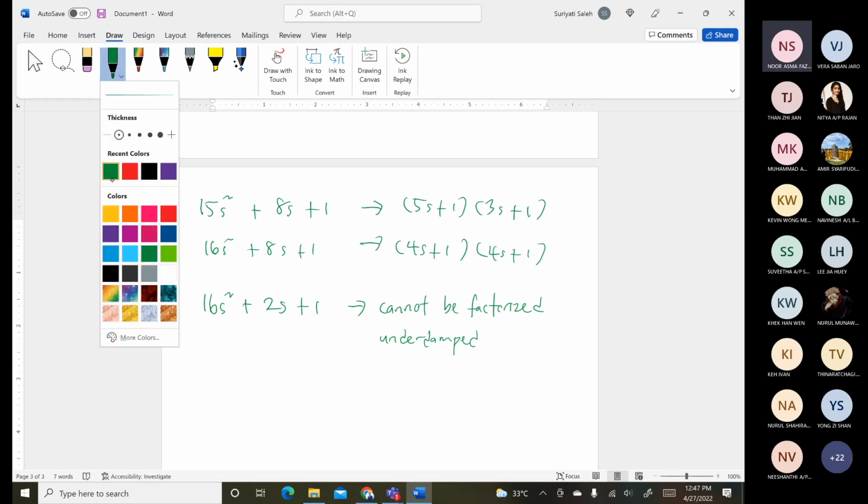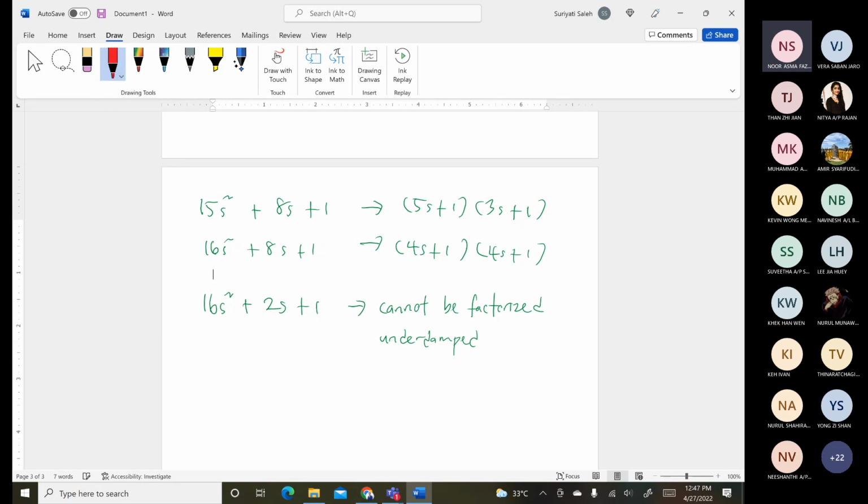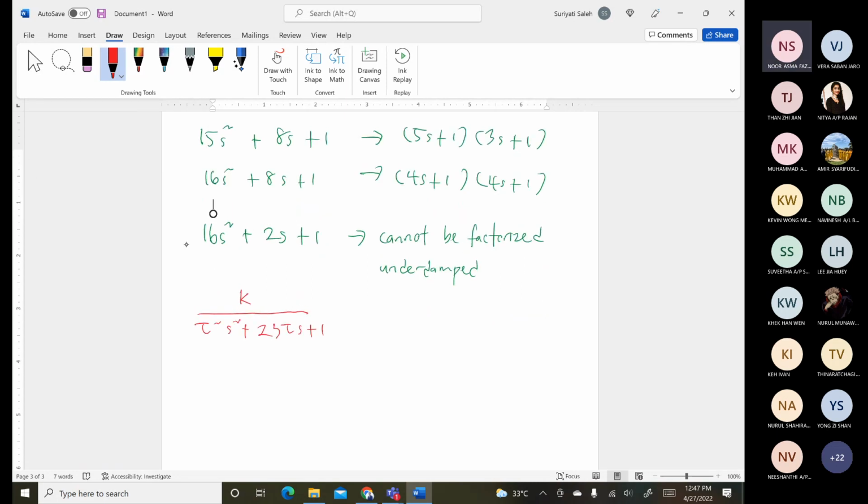How do we know? Okay, let's prove it. So we have K over tau squared s squared plus 2 psi tau s plus 1. Now we compare this one, where tau squared equals 16, tau equals 4.